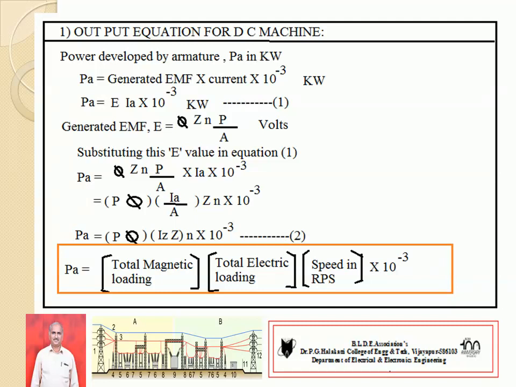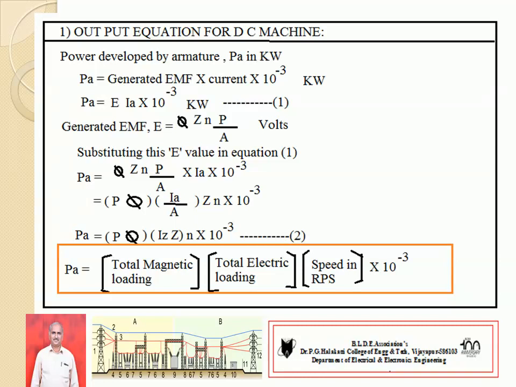Substituting this value in equation 1, PA equals phi Zn P by A into IA into 10 to the power of minus 3. So group it like this: P pi as one group, then IA by A into Z into N into 10 to the power of minus 3.